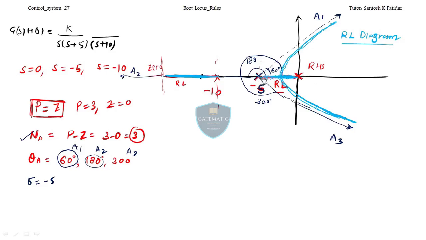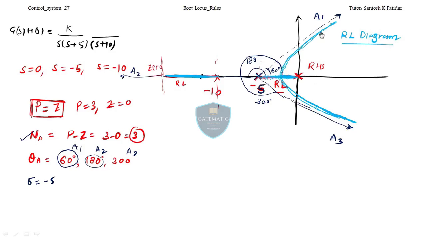So I have 2 poles over here. I cannot go this side. I cannot go this side. Why? Because in between them I have a root locus branch. Means they'll follow this root locus branch. They'll come over here. This one is coming to this side. This one is coming to this side. And at a particular point, they will break. Why?